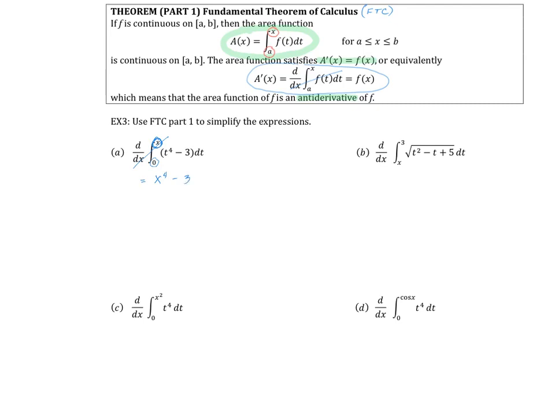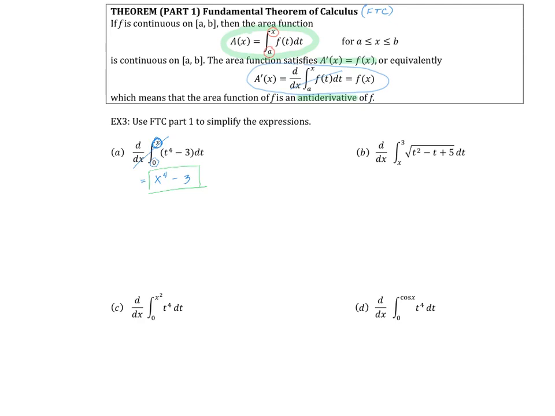That's what this theorem is saying. The derivative and the integral will cancel, and all you have to do is substitute in x for t. That's what that expression will simplify to.